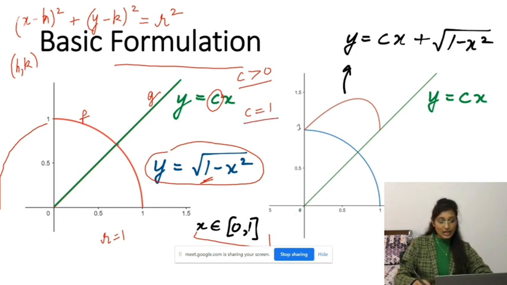Now we will add these two and develop some sort of heart curve. At first, at the origin, there is no change in the g curve and in f, so it remains the same here. On adding these two, our equation basically becomes y is equal to cx plus square root of 1 minus x square.